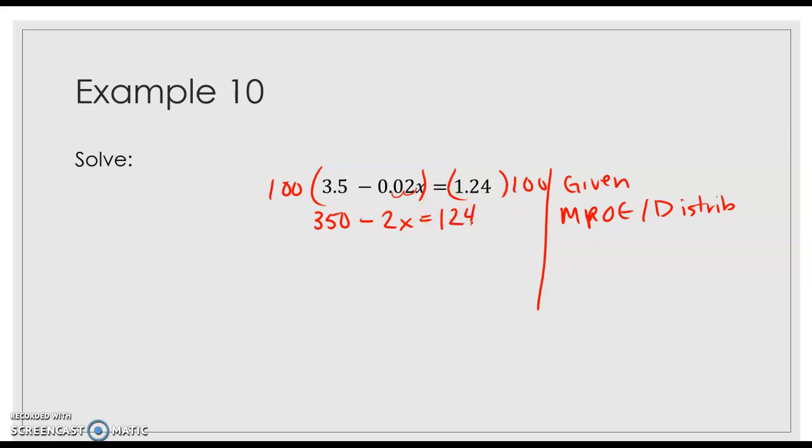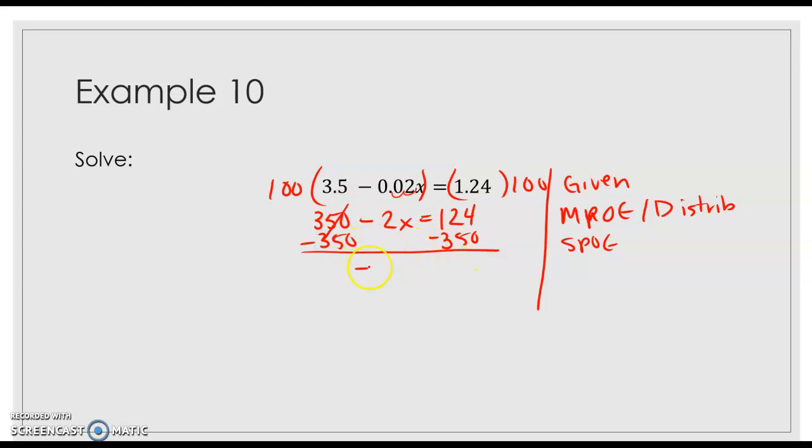So now I'm working with all whole numbers, making it easier. I'm not having to do any decimal points. Now I just have to solve like I would normally. So I'm going to use the subtraction property of equality because this is a positive 350 and I want to make this 0 on the left side.